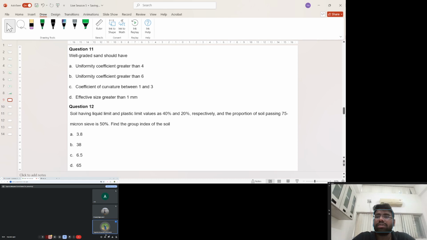Well graded sand should have, it may be a multiple correct option. Well graded sand should have uniformity coefficient greater than 4, uniformity coefficient greater than 6, coefficient of curvature between 1 and 3, effective size greater than 1 mm. Well graded sand should have.